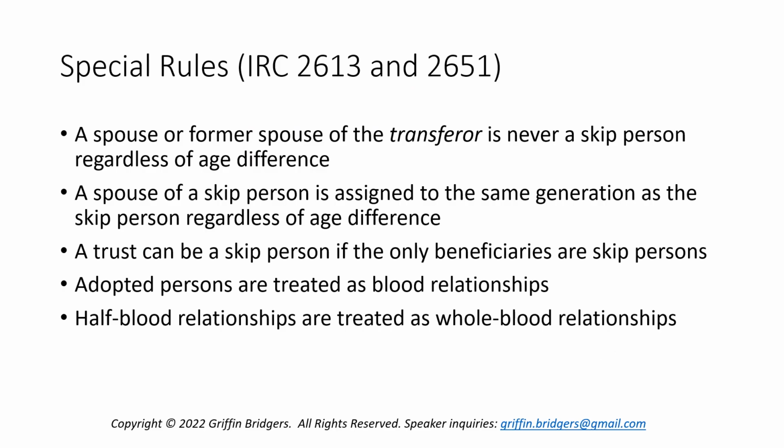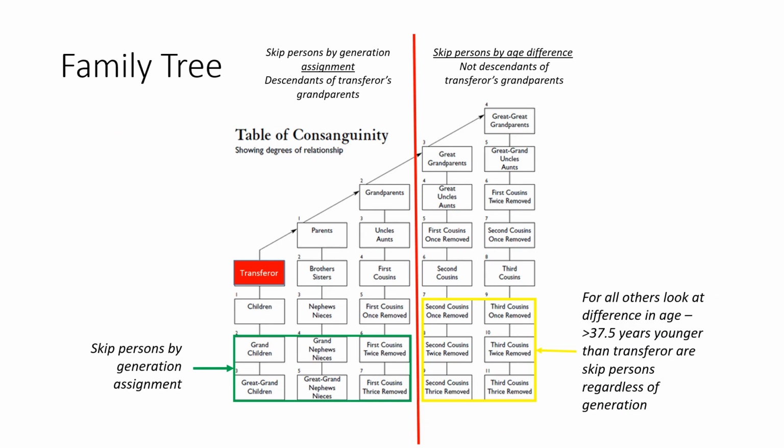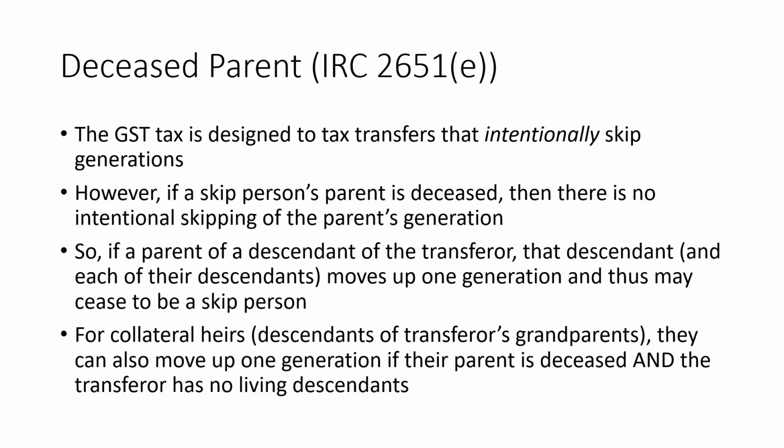Also, half-blood relationships are treated as whole-blood relationships as well. So once again, that would really apply on the left side of the red line over here, where if you have somebody who by marriage or is a stepchild or step-grandchild or has a half relationship to the transferor, they will still be subject to this table and generation assignment when determining whether they are a skip person.